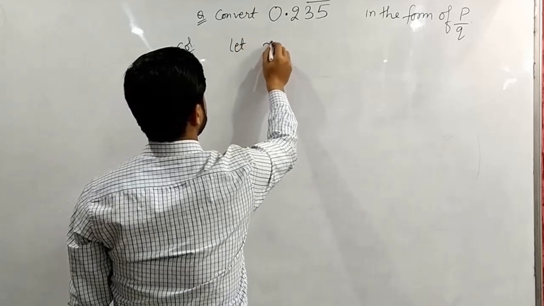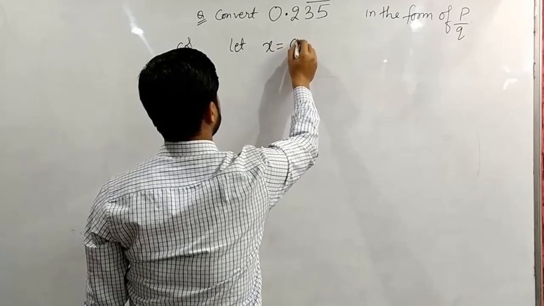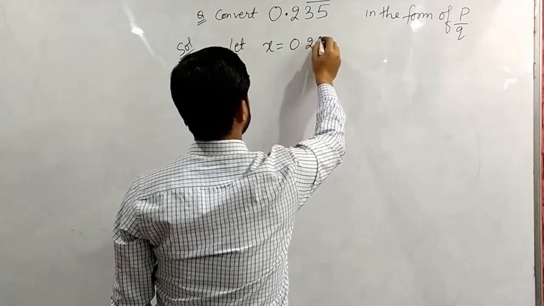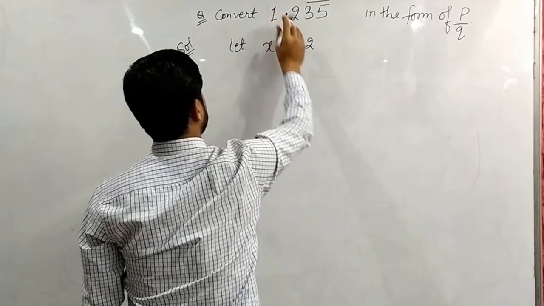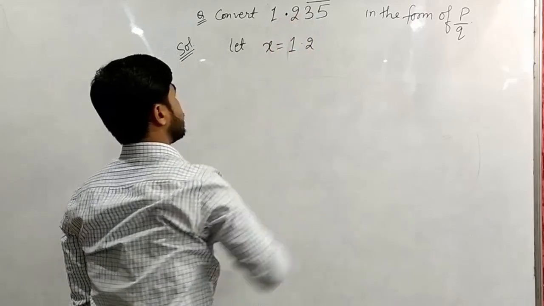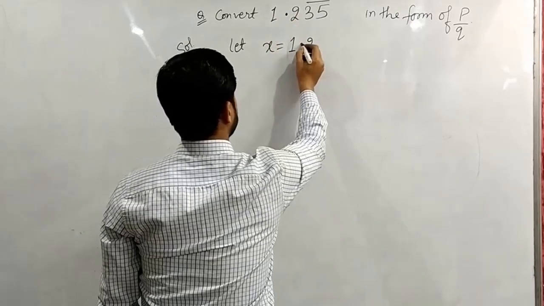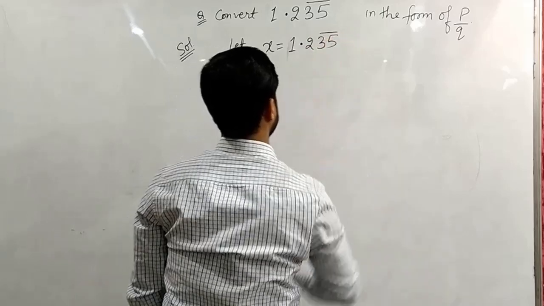Please focus on this question. Let us assume x equal to 0.2, let us take 1 here. Why take 0 always? 1.235, the bar is on 3, 5.